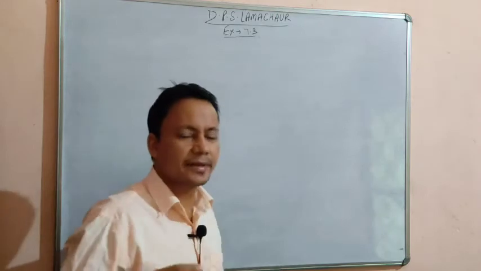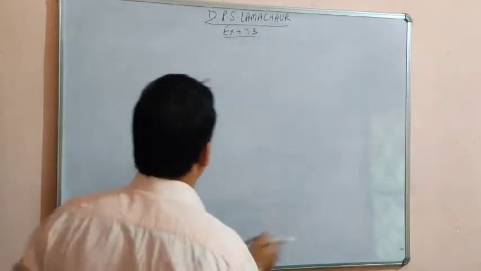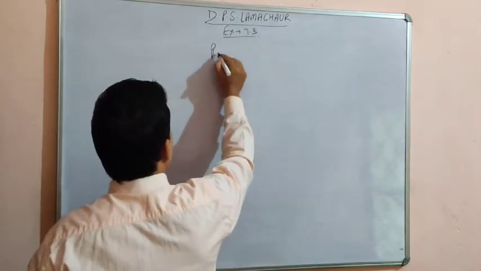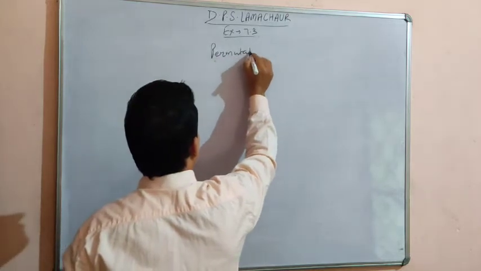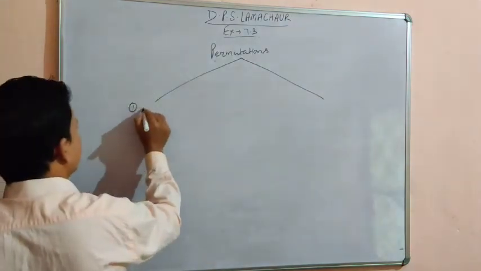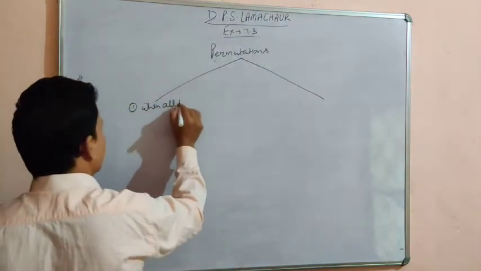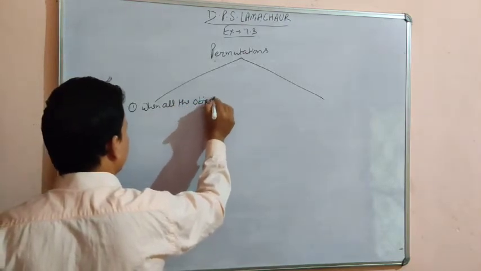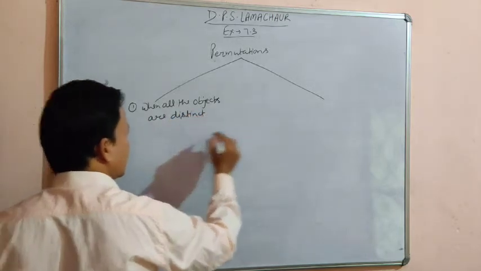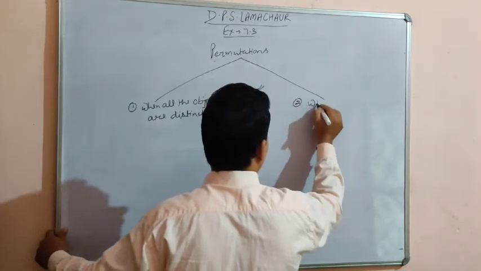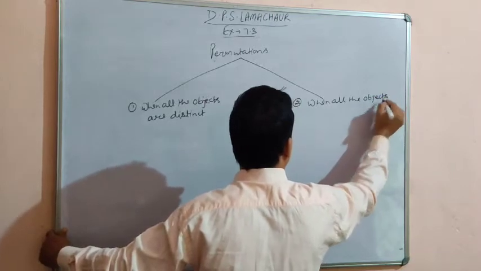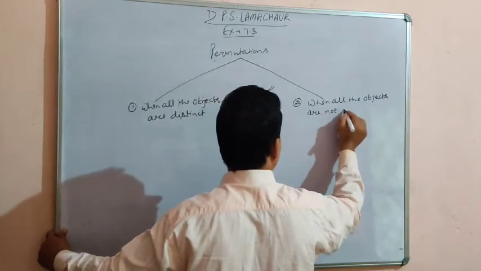Before coming to question number second, let me remind you, dear student, I have earlier told you permutations in 2 cases. First case, when all the objects are distinct, and second case, when all the objects are not distinct.